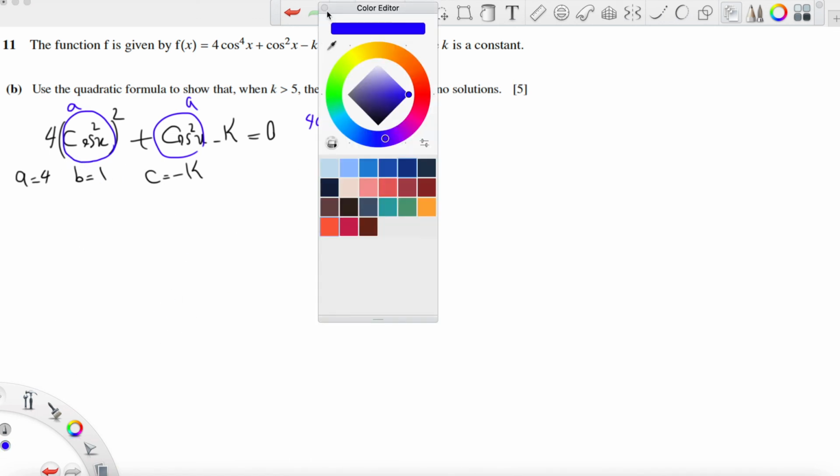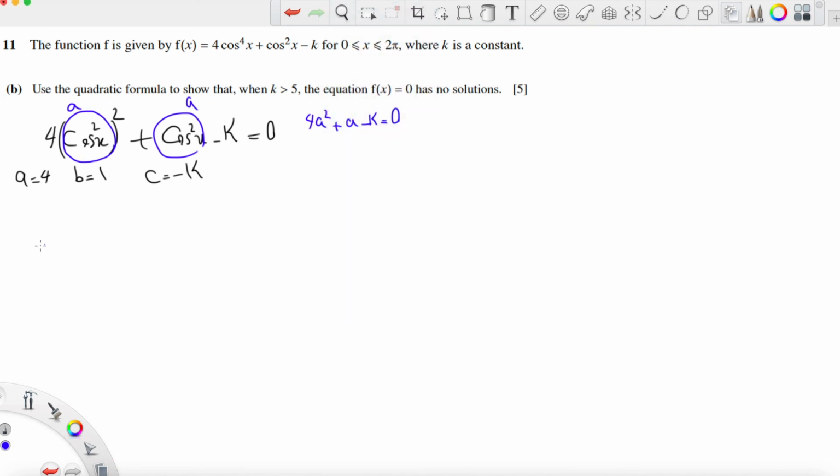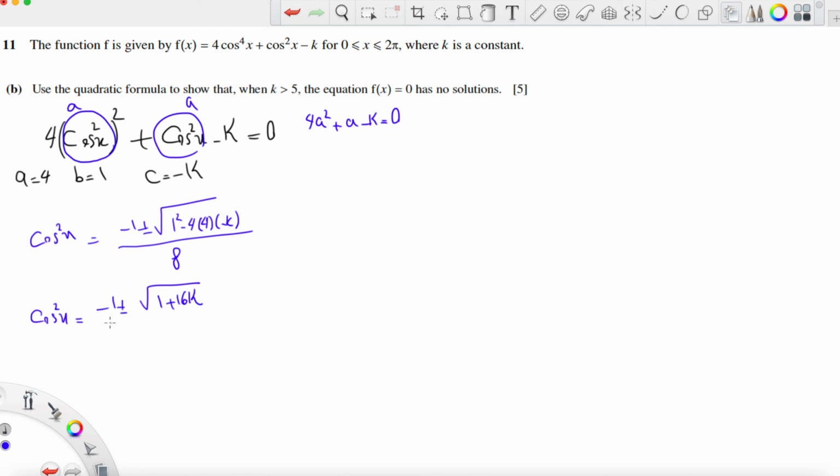Now, in order to find the unknown, which is cosine or a, it is minus b plus minus the root of the discriminant, which is b squared, 1 squared, minus 4 times minus k, over 2a, which is 8. So cosine of x is equal to minus 1 plus minus the root of 1 plus 16k, over 8.